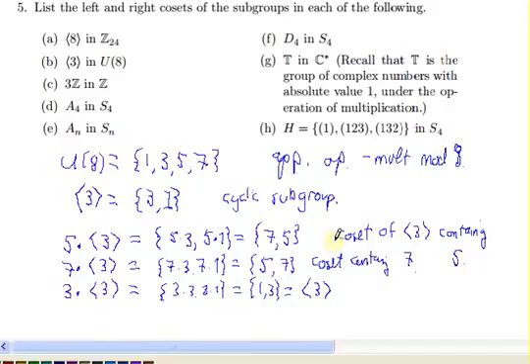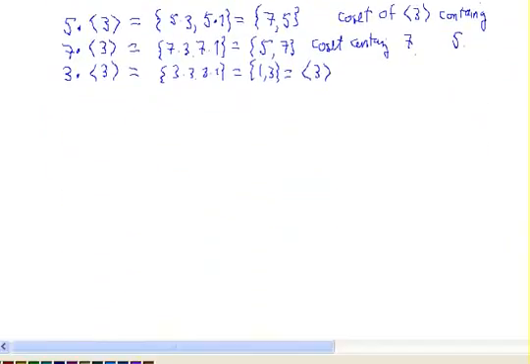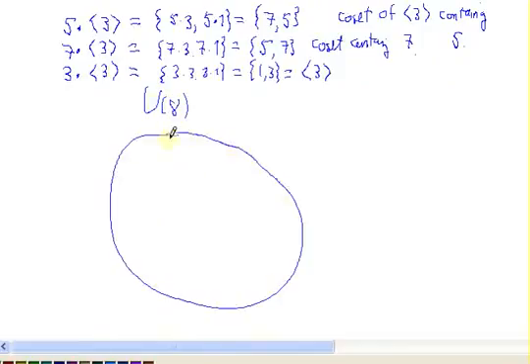So the situation here is as follows. My entire group U8 contains the points 1, 3, 5, and 7. Notice that angle brackets 3 itself is the upper half of this set.